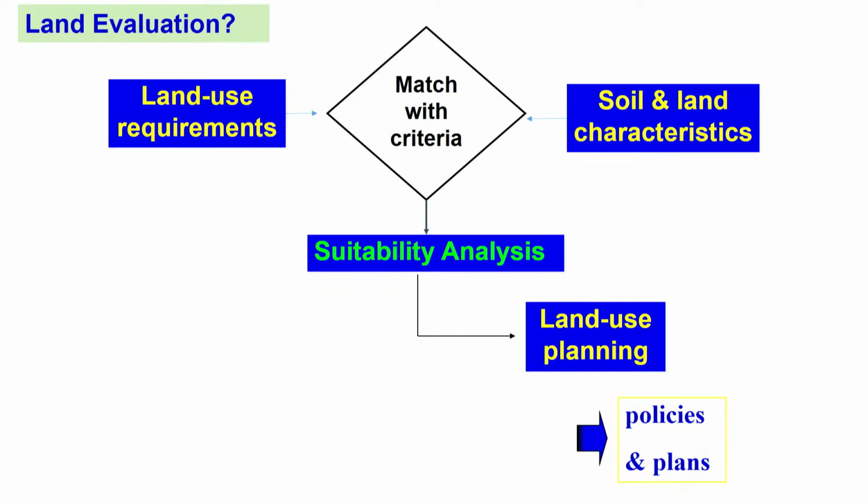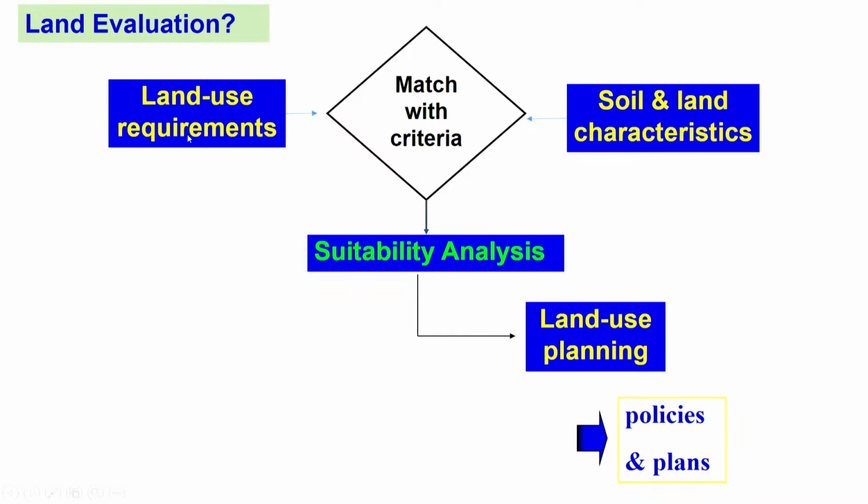So what we do in land evaluation is, suppose you have the soil and land characteristics, from the soil map you get this information. And for the different land uses, for example agriculture, forestry, or urban planning, you know the requirements.